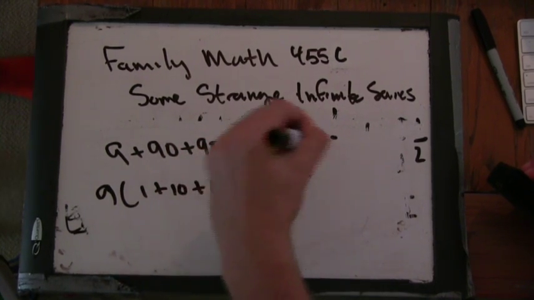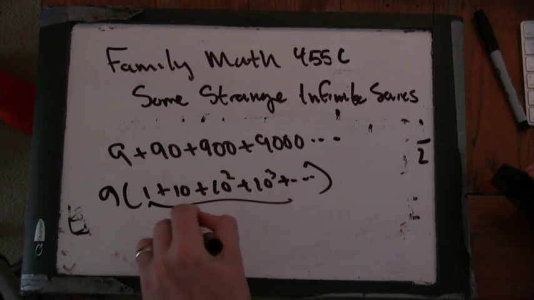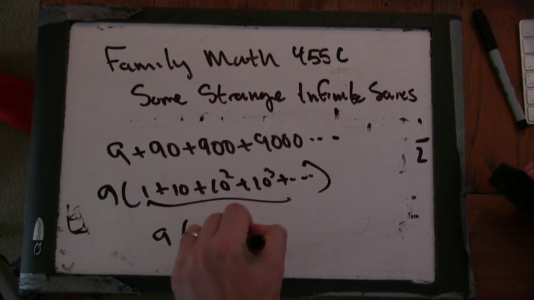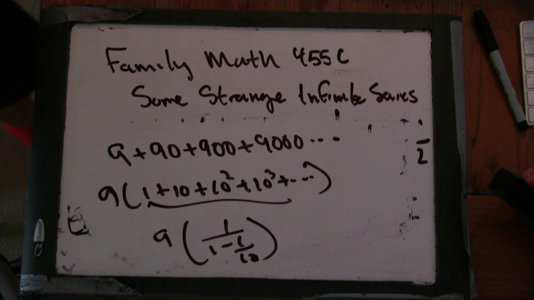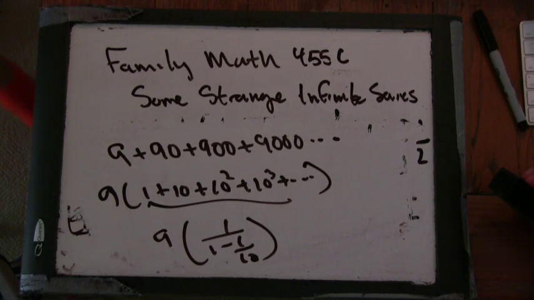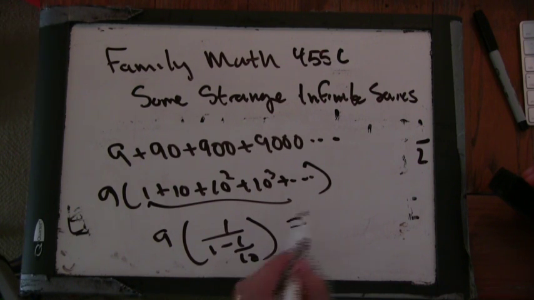And if I plug this into our formula, this should just be 9 times 1 over 1 minus 1/10.